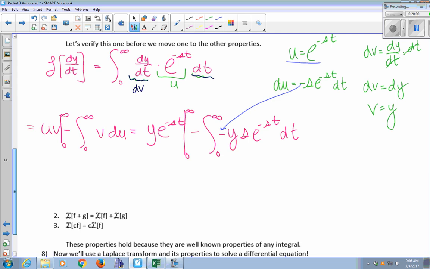So we get negative y. It becomes 0 minus y. And remember, y is a function of t, right? So if I'm plugging 0 in, this is actually y of 0.